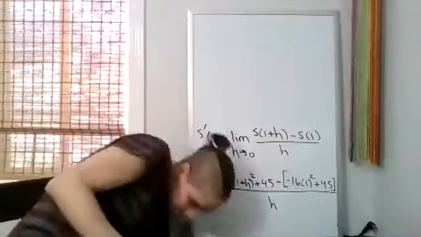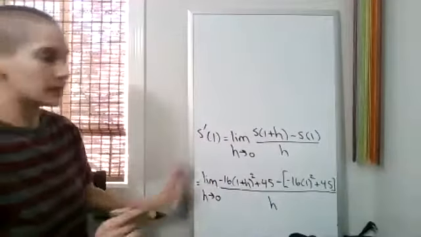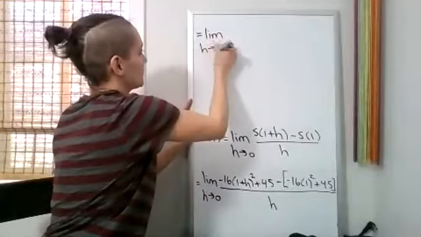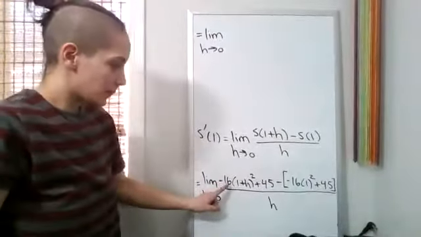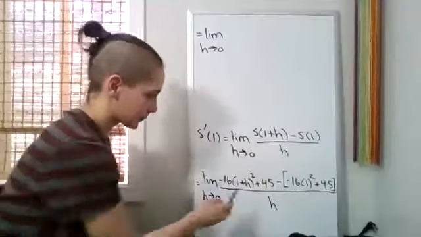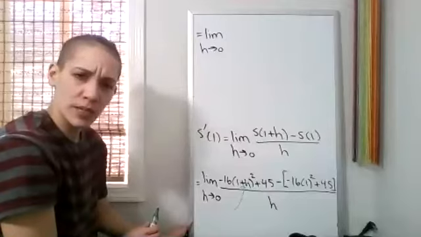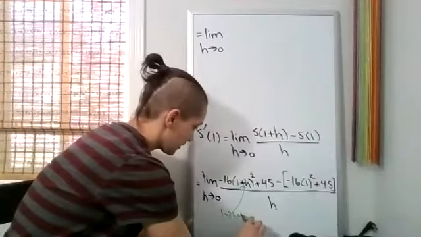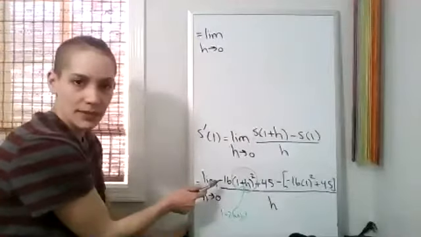We've got the limit as h goes to 0. This would be 1 plus 2h plus h squared. Just this part. So multiply all of that by the negative 16.